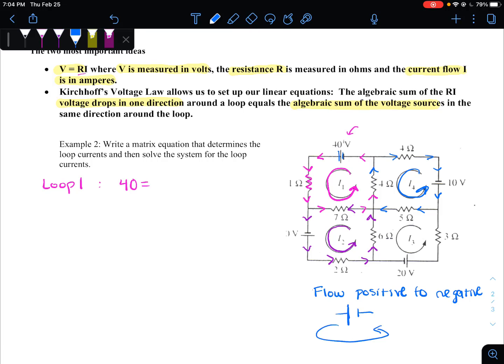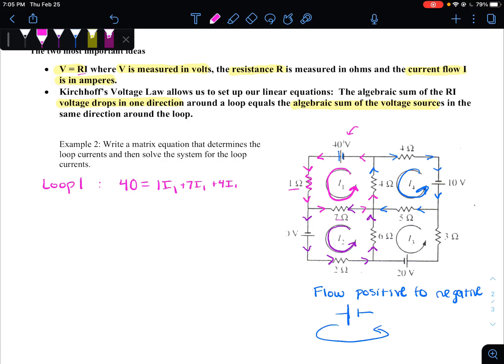So if we take a look at loop 1, we're going to have to interact with not only I1, that current in the top left, but also I2, current in the bottom left, and I4, current in the top right. So this 40 is going to be equal to, let's take care of all the I1s first. 1 I1 for that first resistor here, plus 7 I1 for the second resistor, plus 4 I1 for the last one.